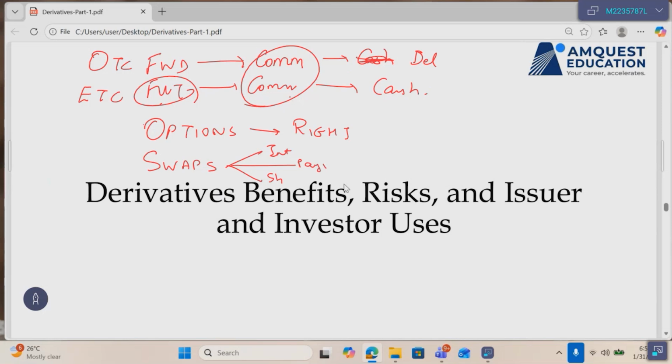And in the end, we did CDS. We're looking at credit default, right? Where you're paying a premium and you're receiving protection, correct? You're paying premium, but you're getting protection against credit default. So we have covered these 5 types of derivative contracts in detail.